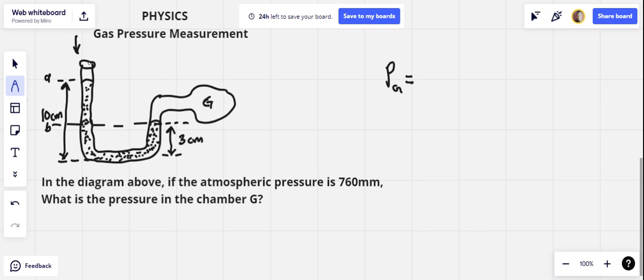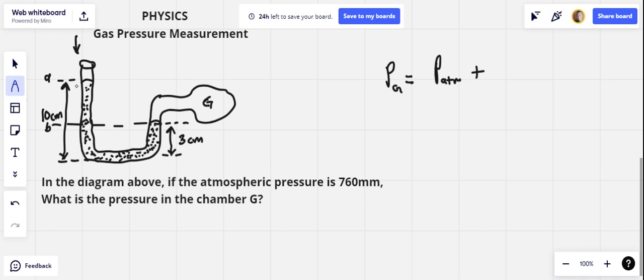The atmospheric pressure on this other end, P atmosphere, plus the pressure height due to the rise of this liquid.